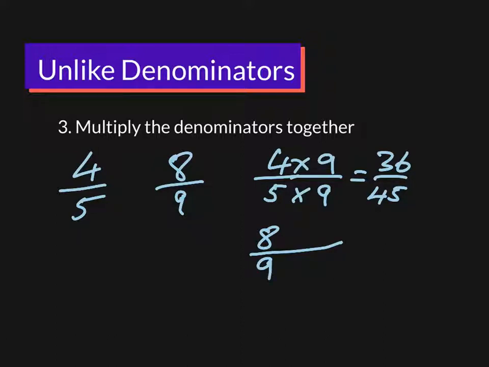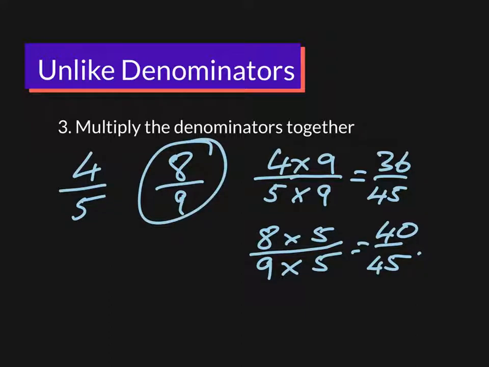And we're going to multiply that by the other denominator. So 9 times 5 is 45. And 8 times 5 equals 40. So 40 over 45 is bigger than 36 over 45, which means 8/9 is bigger.